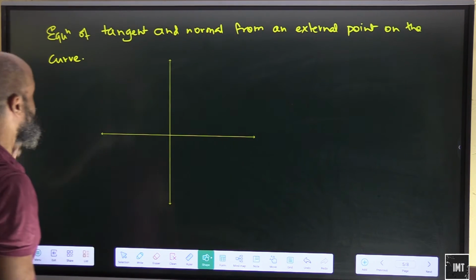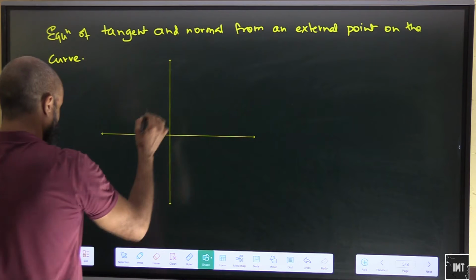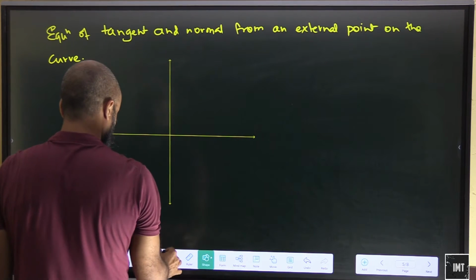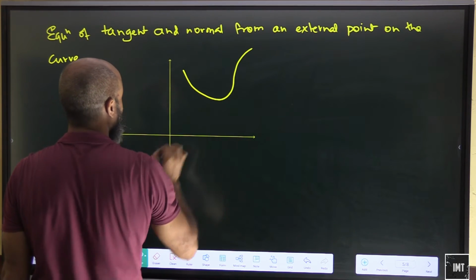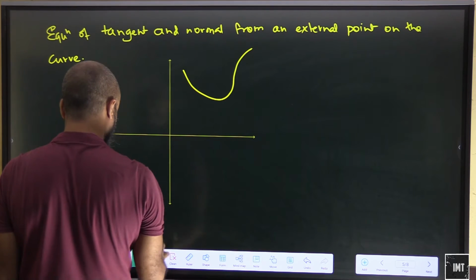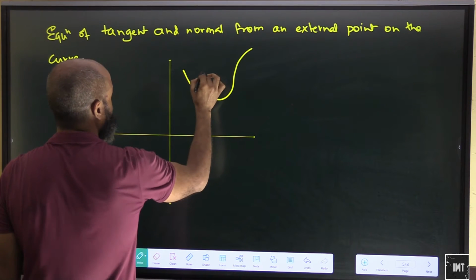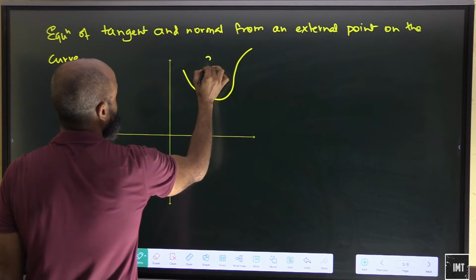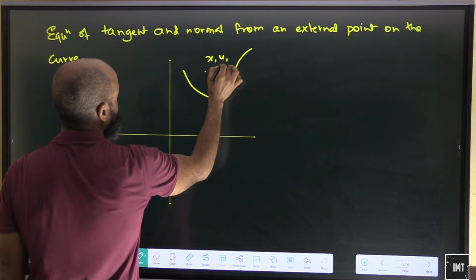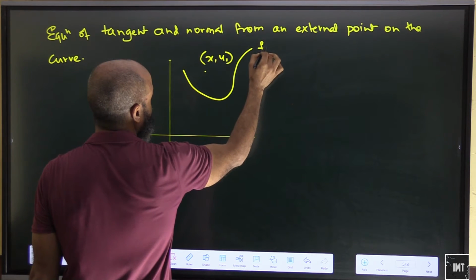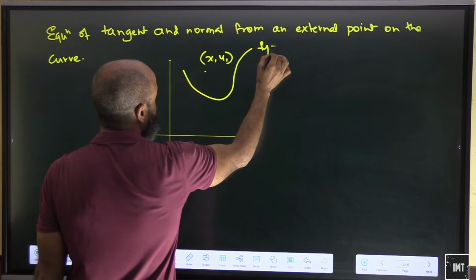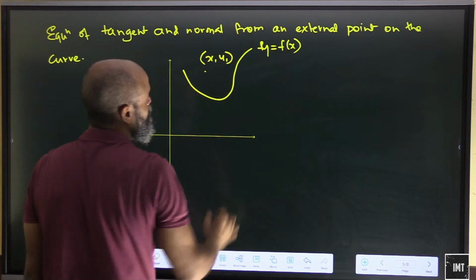So how will we discuss this? Let's say we have a curve out here, and we have any point x1 y1. Let's say this curve is defined by y is equal to fx.